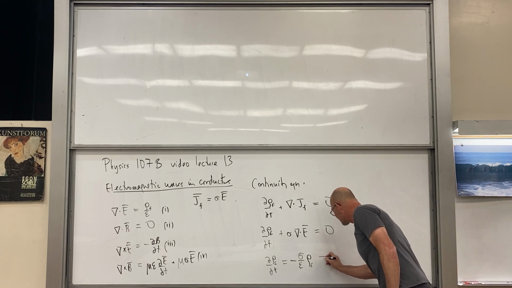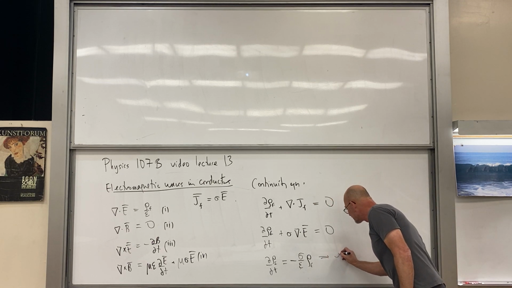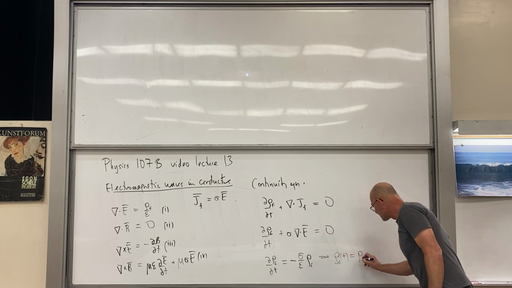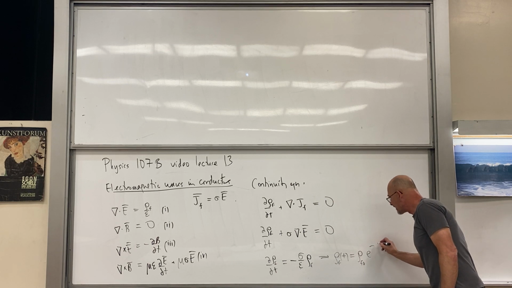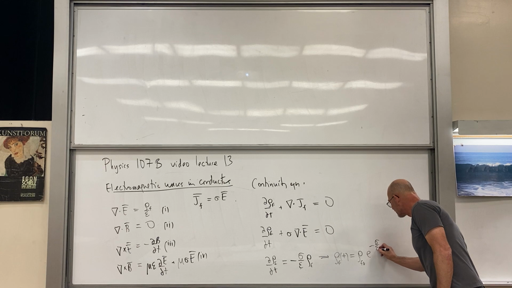So we can write this down immediately. We have density as a function of time, with an initial condition, and e to the minus sigma over epsilon t.